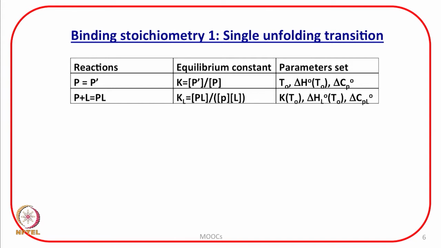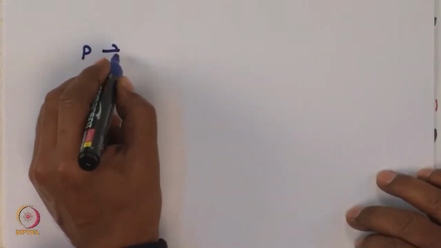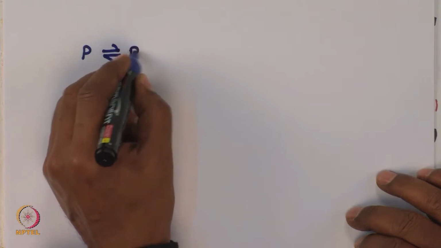with the equations. The first equation that we are talking about is P is in equilibrium with P prime.